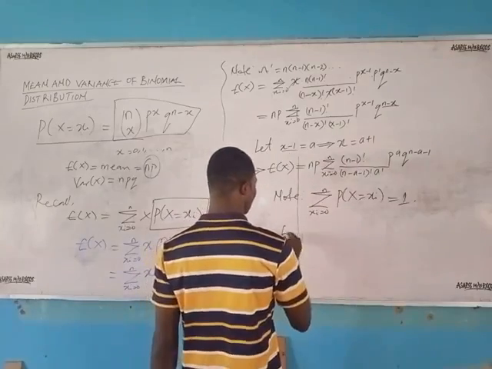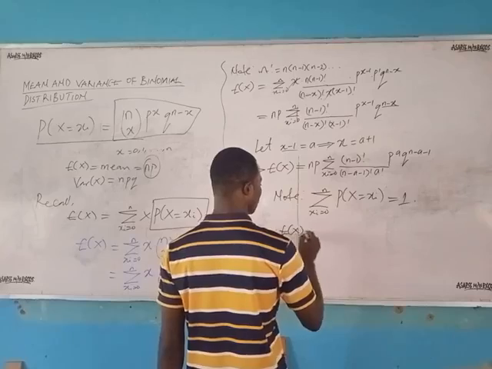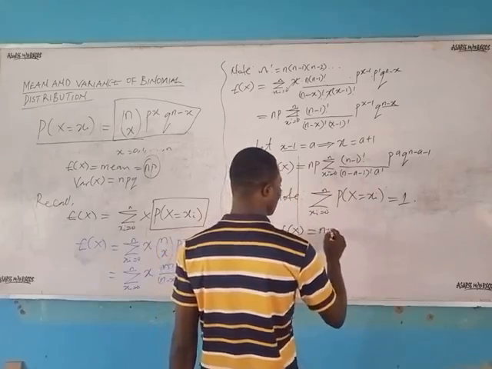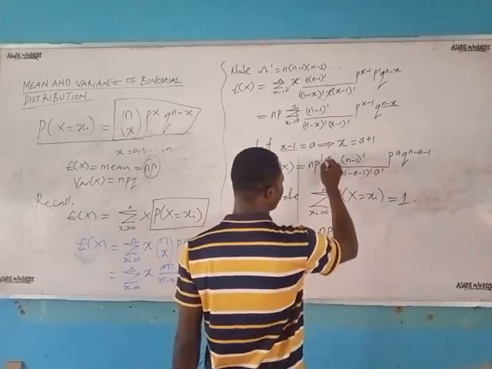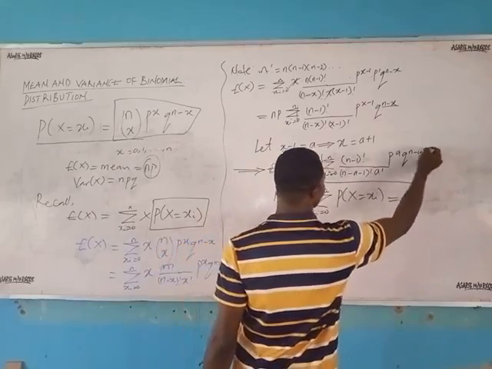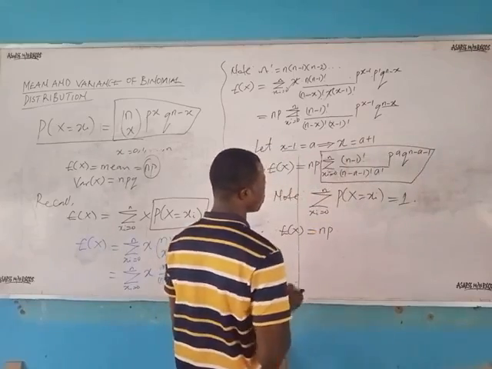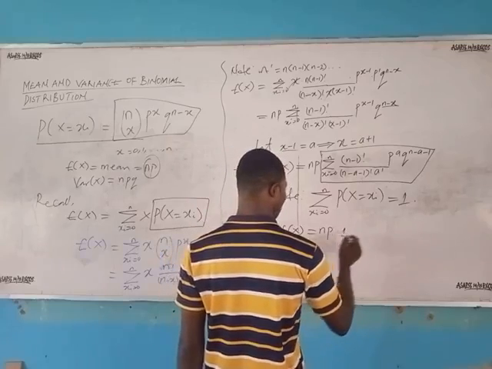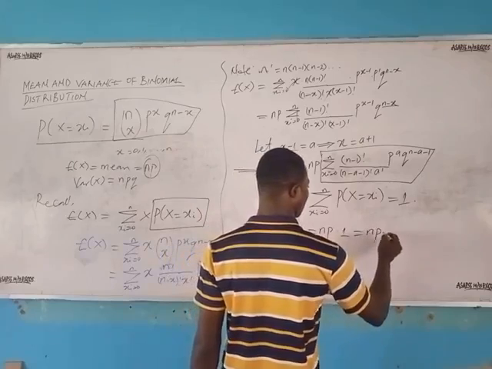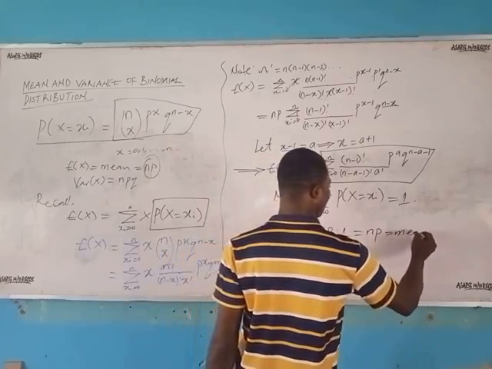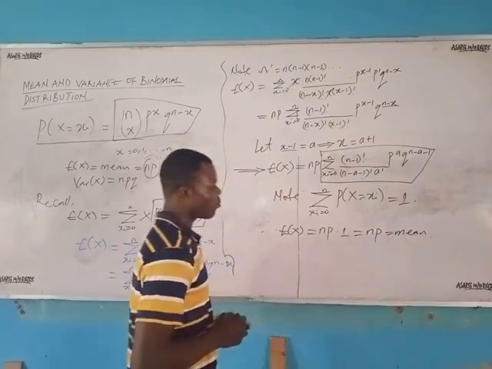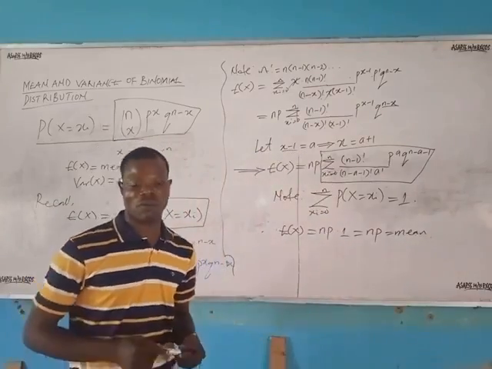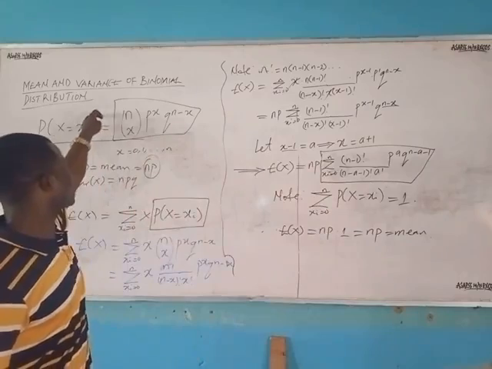Therefore, we can easily say that the expected value of our x is equal to np times, because everything here is a distribution on its own, which is times 1. The answer is now np, which is our mean. That's how to find the mean of the binomial distribution.